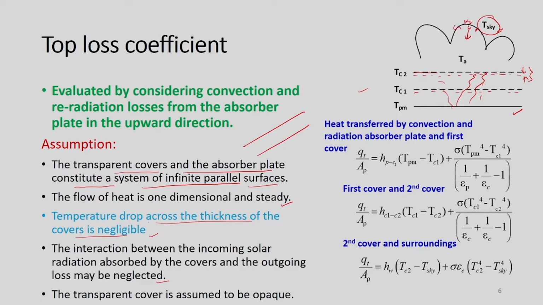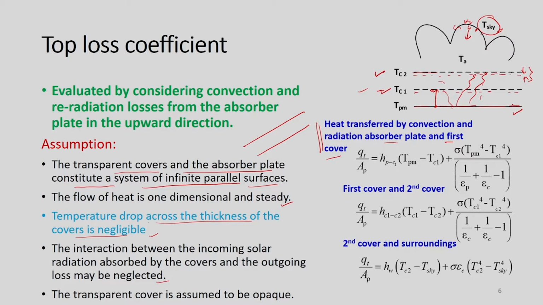Now, we consider heat transfer by convection and radiation from the absorber plate to the first glass cover, from this plate to this plate. In this case, two glass covers are considered, glass cover 1 and glass cover 2, and this is the absorber plate.